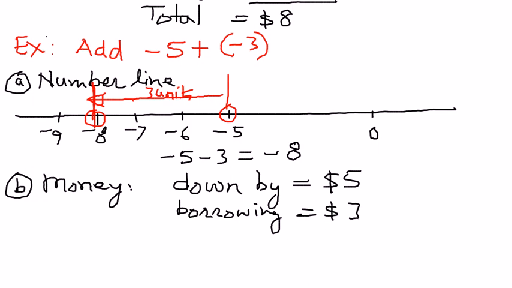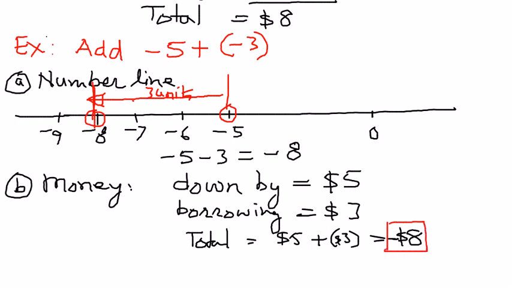How much are you down by? You will be down by $5 plus $3, and that is going to be equal to $8. You're down by $8. So that $8 will be represented as -$8. When we say you're down by a certain amount, you have a negative balance. So you have a negative balance of $8.